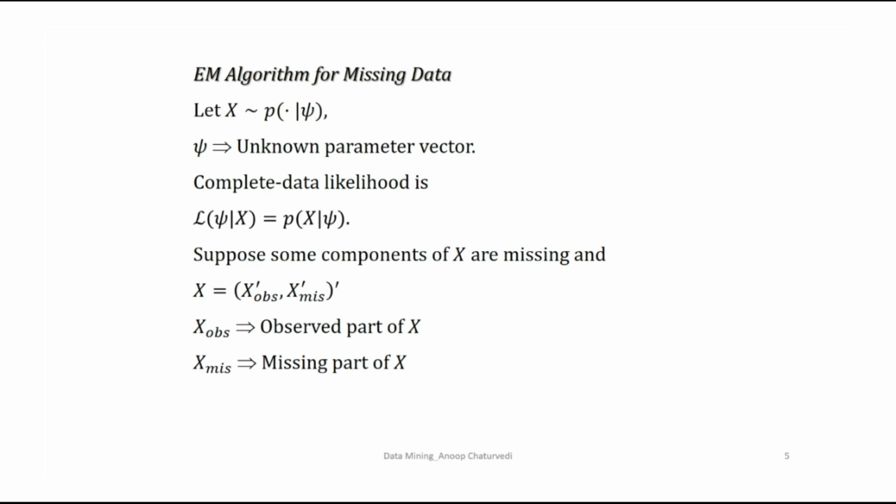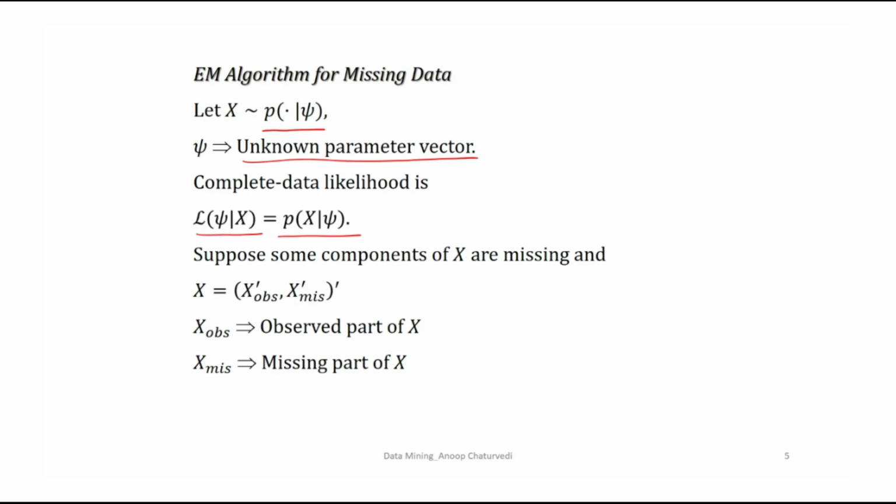Now, suppose X follows a probability distribution P dot given psi. Here psi is the unknown parameter vector. So, the complete likelihood function, we denote it by L psi given x, which is equal to P x given psi.